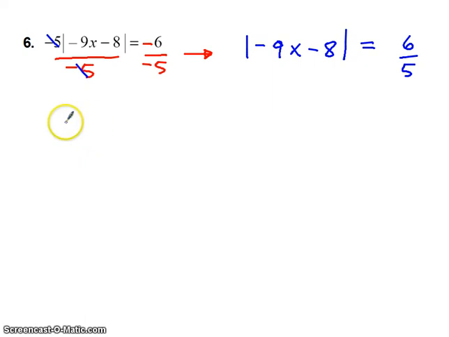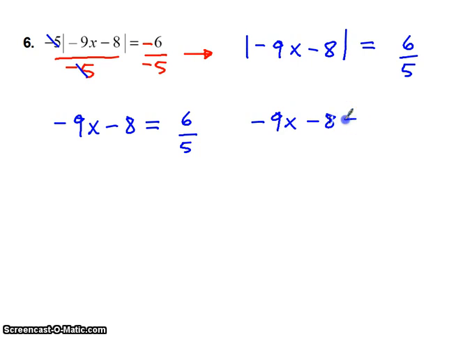It's all by itself. And so we can set up negative 9x minus 8 equal to 6 over 5, and negative 9x minus 8 equal to negative 6 over 5. And so from here what we would do is get rid of that denominator issue by multiplying both sides by 5.